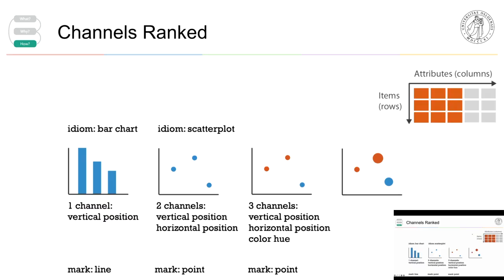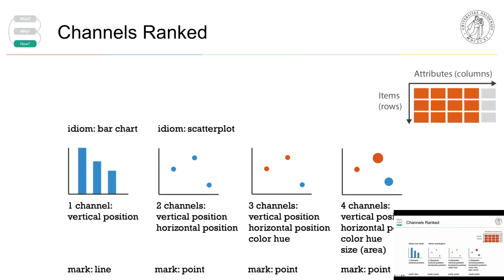Maybe you have a third attribute, a categorical attribute that you want to visualize. Well, now you can use a color hue on each of these points. So now you're showing 3 channels. Maybe you have a 4th attribute that you want to show. And now we have spent our position on a common scale.